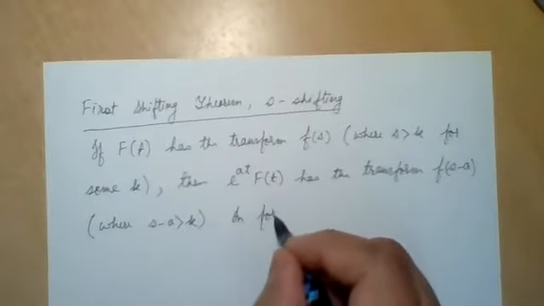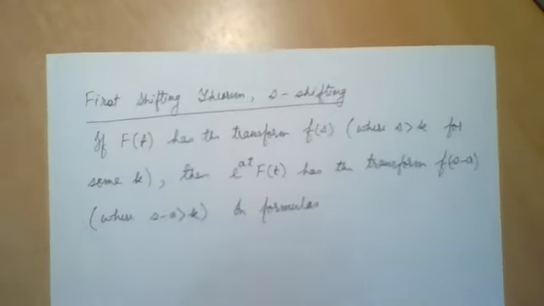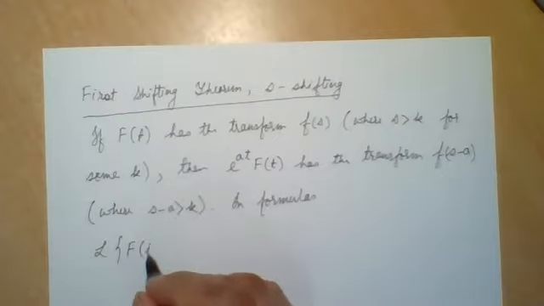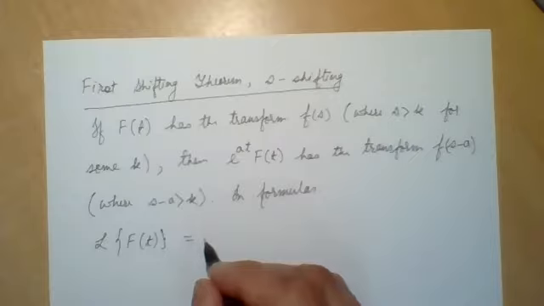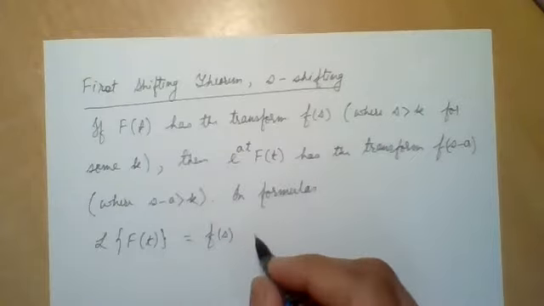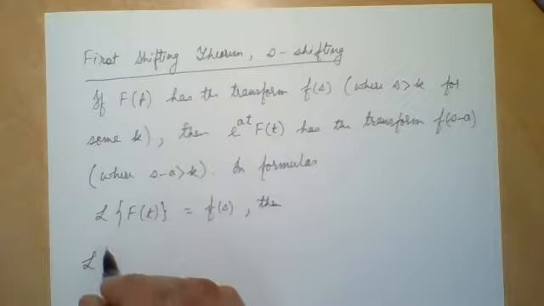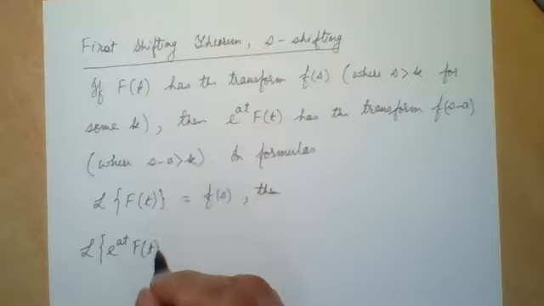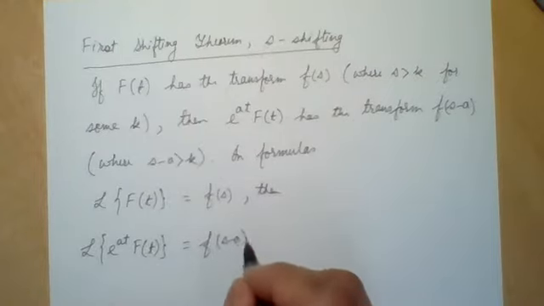In formulas, this can be written as: if the Laplace transform of F of t is f of s, then the Laplace transform of e to the power at F of t is equal to f of s minus a.